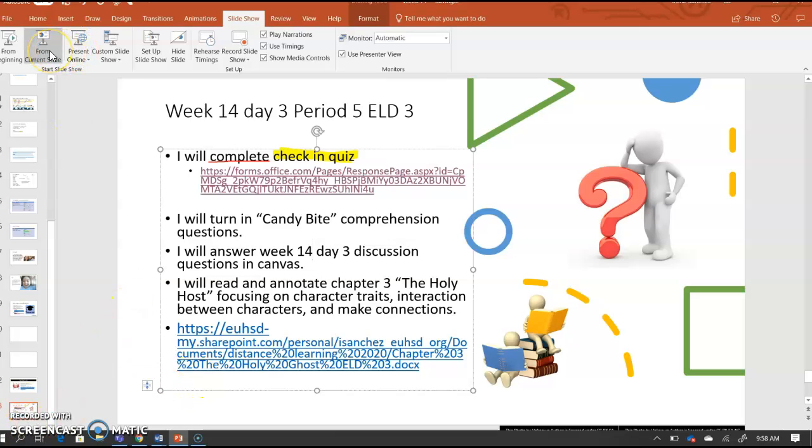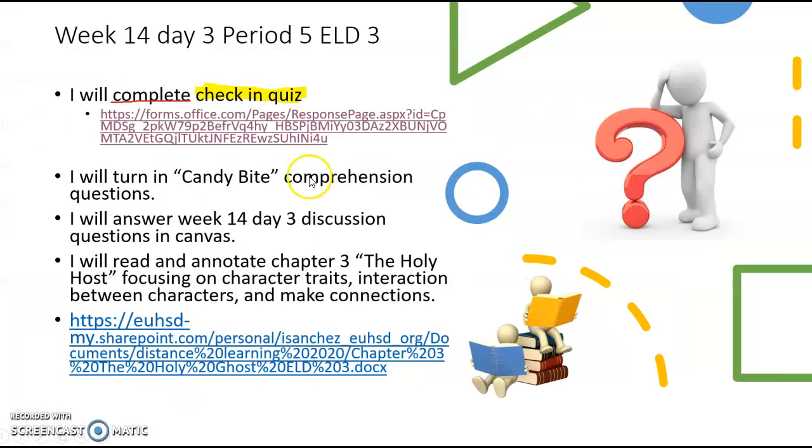Okay, so one of the things that I am going to have for you today on Canvas, and these will be due on Monday, are a couple of discussion questions on our story. So what is your verb there? Hopefully everybody said answer. And what are you going to answer?